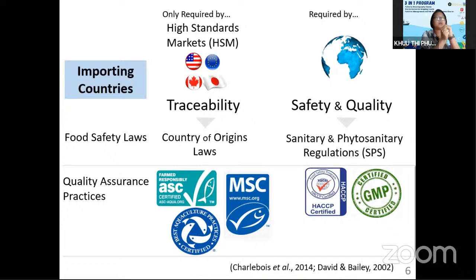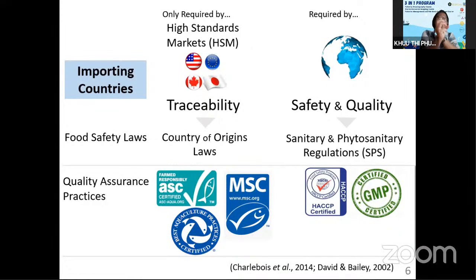You can see that in the food safety laws, I mean in national laws or national regulations, traceability has been required in country of origin laws, in developed countries, in high standard markets.